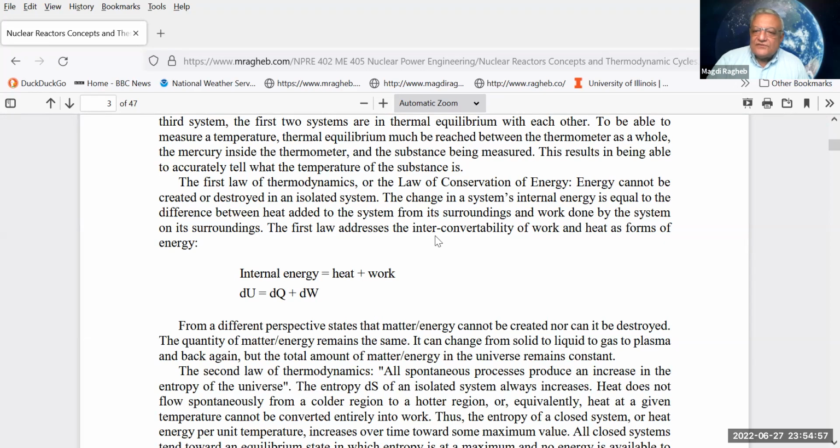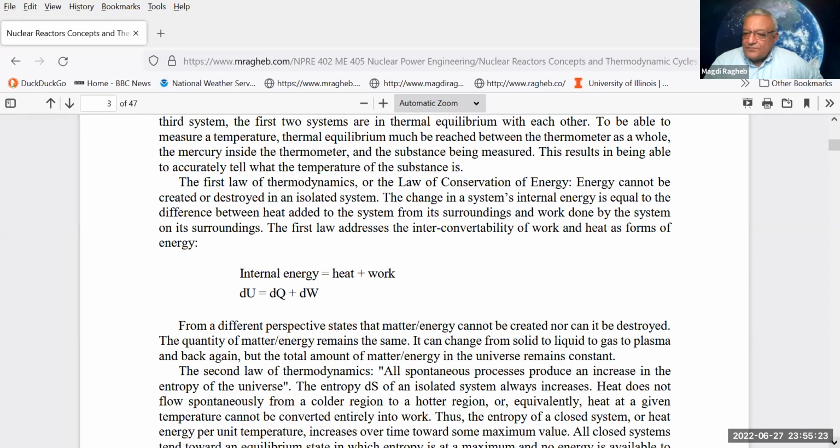So the first law addresses the interconvertibility of work and heat as forms of energy. We designate it symbolically as dU = dQ plus the work done by the system, where dU is the change in internal energy and dQ is the heat added or extracted from the system.